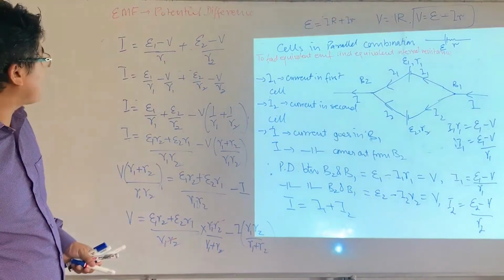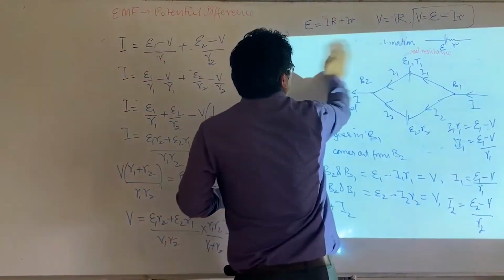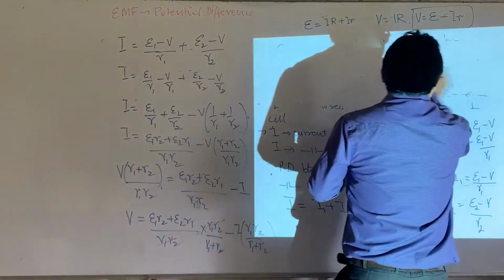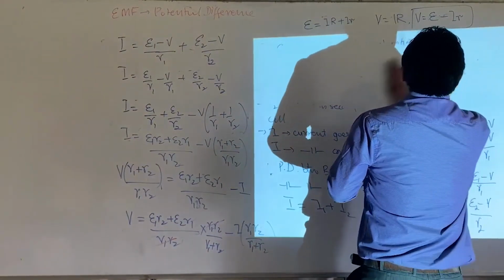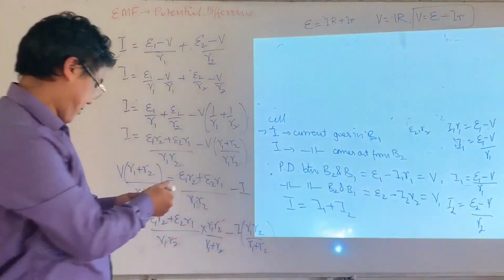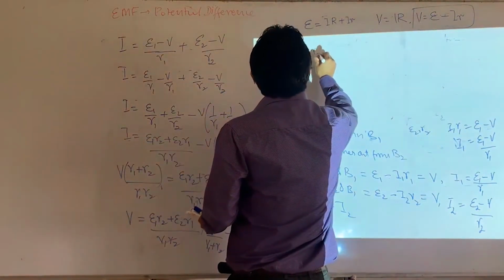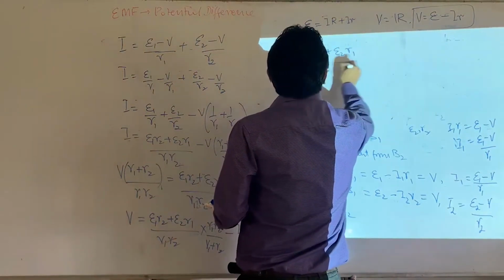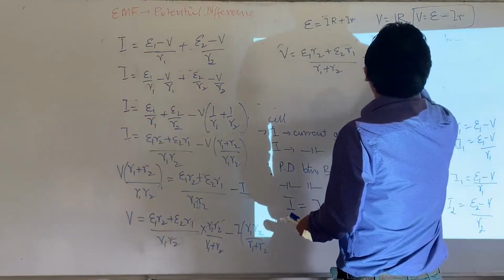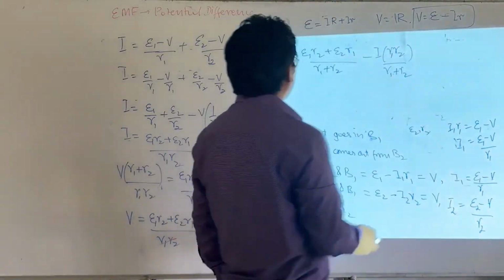And then finally we'll get V is equal to E1 R2 plus E2 R1 divided by R1 plus R2, minus I R1 R2 divided by R1 plus R2. This is what we get.